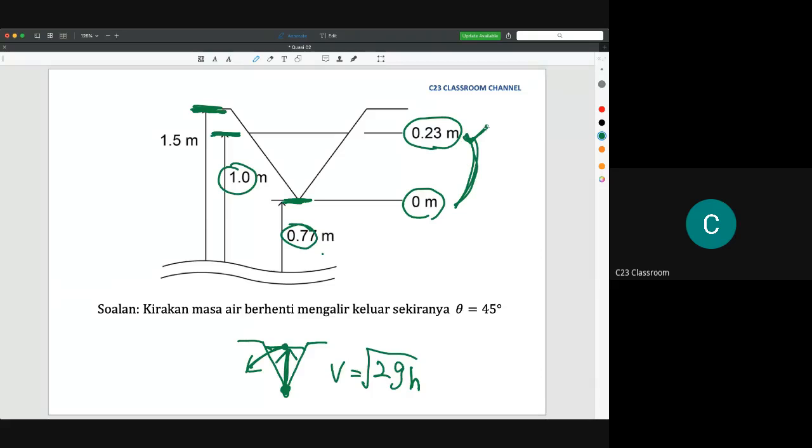That's why we need to take 0.23 meter as the upper limit, and 0 meter as the lower limit. Please do not take 1 and 0.77 meters because it will give you an incorrect answer. Okay, up to here, can you understand the trick? I hope you can imagine the limit based on the real situation, because when the water is below this, it will not flow out, since the water does not reach the opening where it can flow out. Okay, can you get it? Okay.